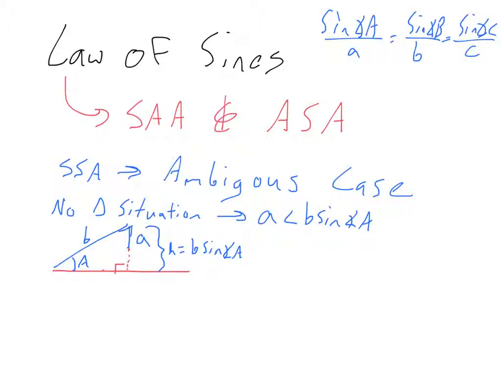So if the side across from the angle is less than the other side times the sine of the angle, then we know that we can't make a triangle at all.